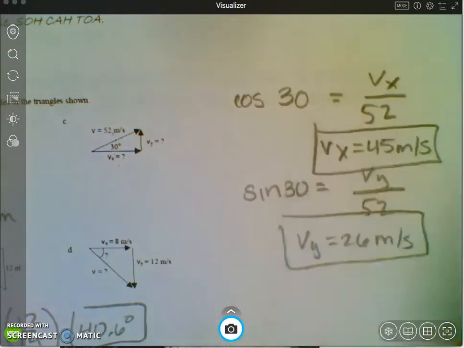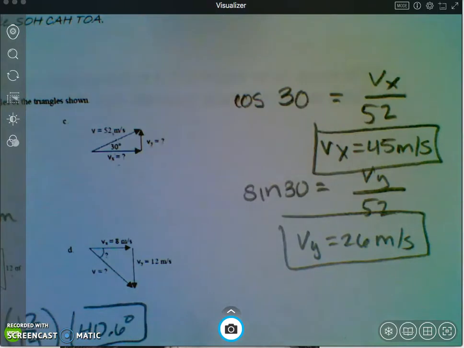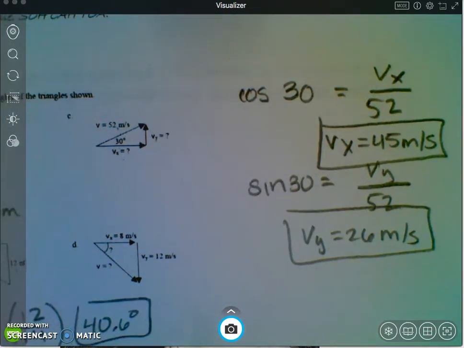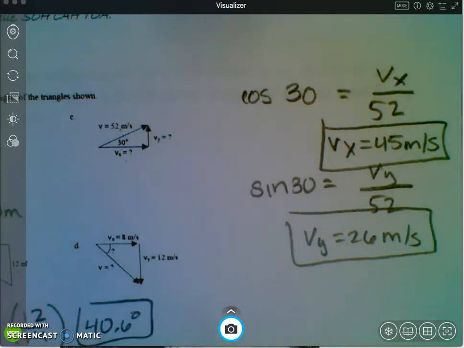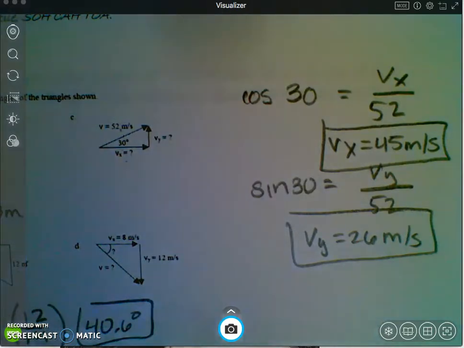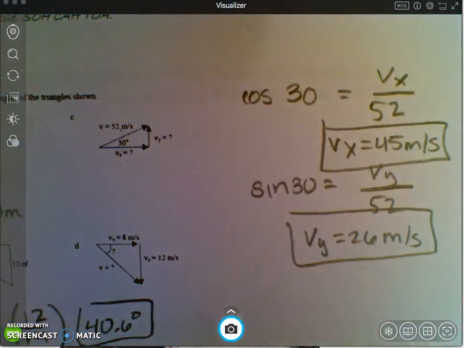So those are your two components. Those will fit into your XY chart when we start solving projectiles. Okay, go ahead and give part D a try on your own, and then I'll just give you the answer here in a minute. I'll do it at the same time.